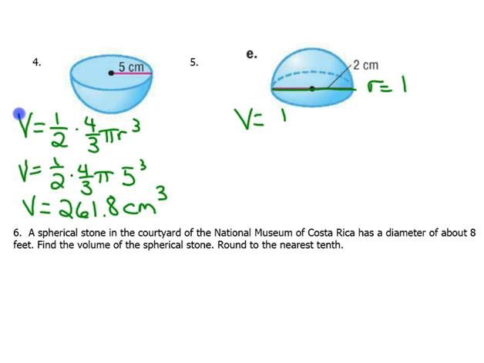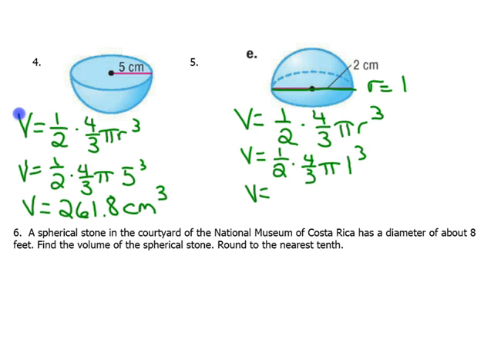Again, it's a hemisphere, so I need half. So half 4/3 pi r cubed. Half times 4/3 times pi times 1 cubed, and we're going to get 2.1 centimeters cubed.